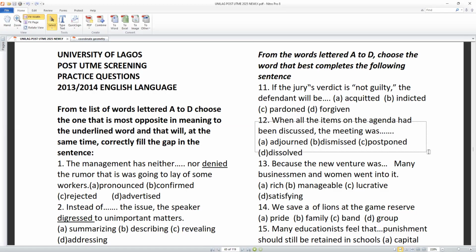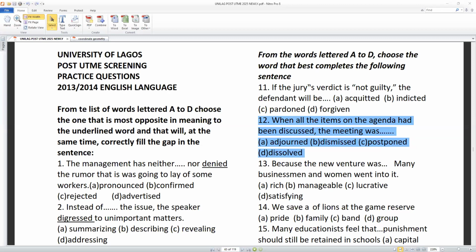When all the items on the agenda had been discussed, the meeting was dash. A, adjourned; B, dismissed; C, postponed; D, dissolved. What will be the right answer? Do you adjourn the meeting? In a meeting you have an agenda.